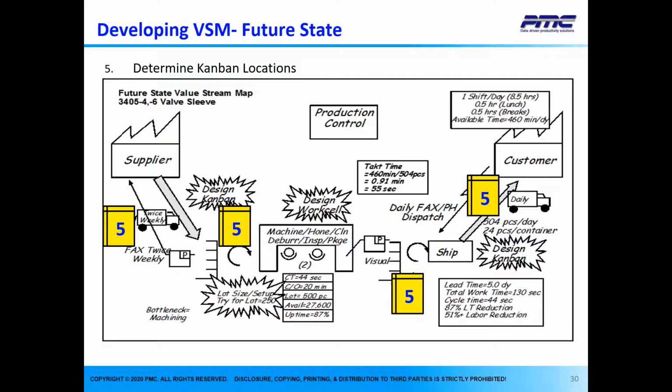Kanban does apply at 2 other locations: between the cell and the supplier, and between the cell and the customer. The detailed design of the Kanban systems is shown in the Kaizen burst. Remember the symbols we talked about for general symbols, the Kaizen burst symbol? Yes, we point out opportunities again using the Kaizen burst symbol.